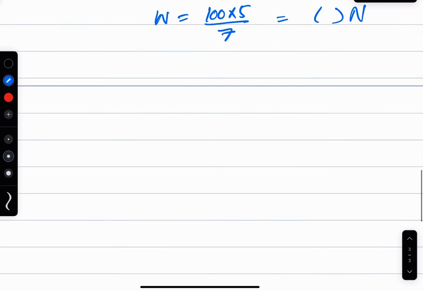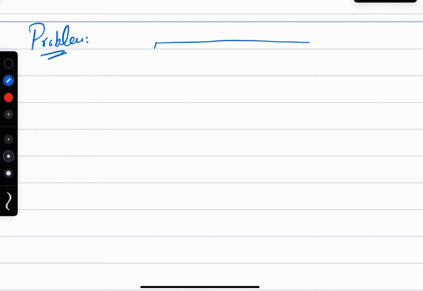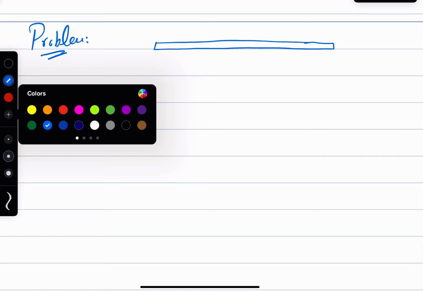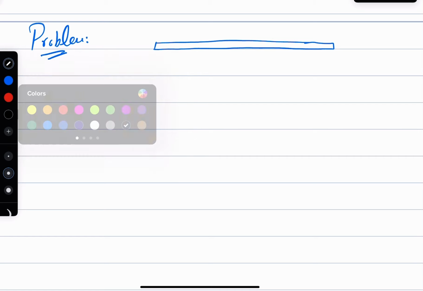Sometimes they will ask you a tricky question in which you have to identify yourself the distance from the pivot point to the force. Let's discuss another problem. Let's suppose you have a scenario in which they have given the total length of the rod.